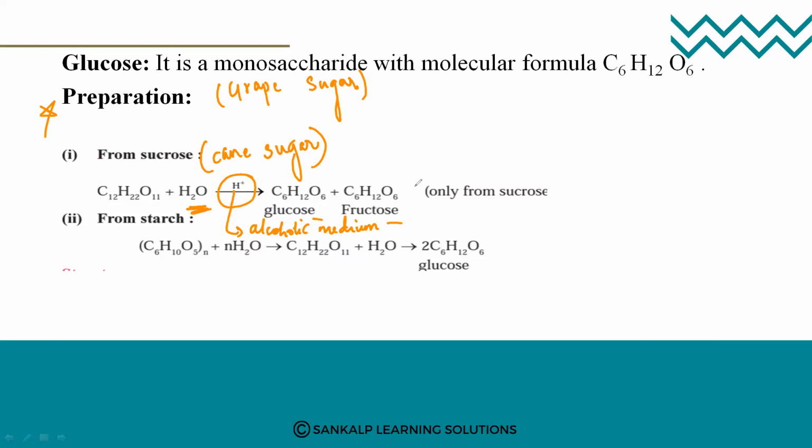So what is the first preparation? We are going to prepare grape sugar, that is glucose, from cane sugar, that is sucrose.